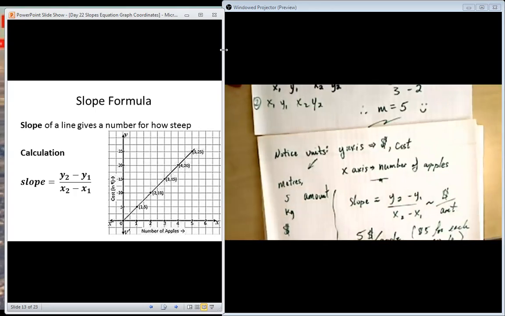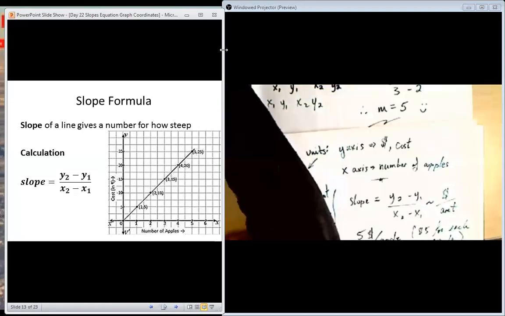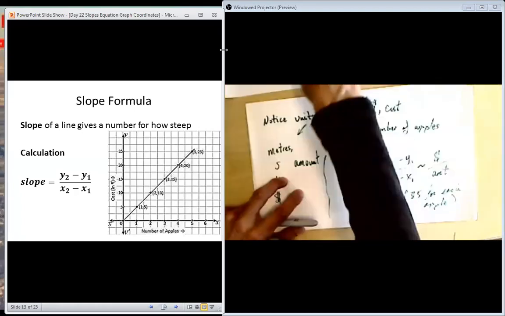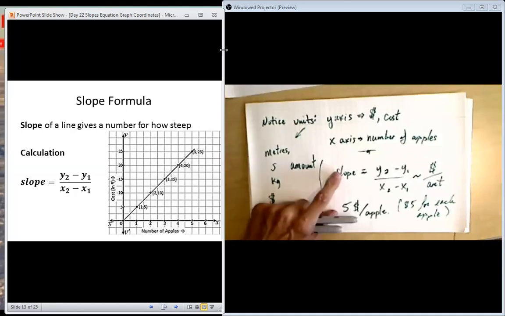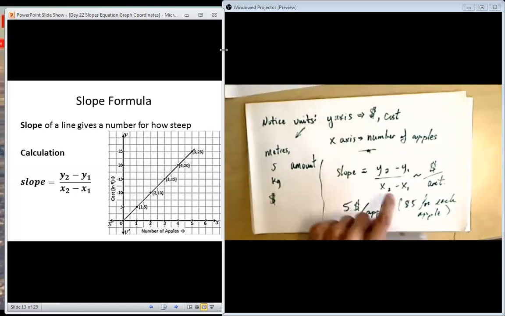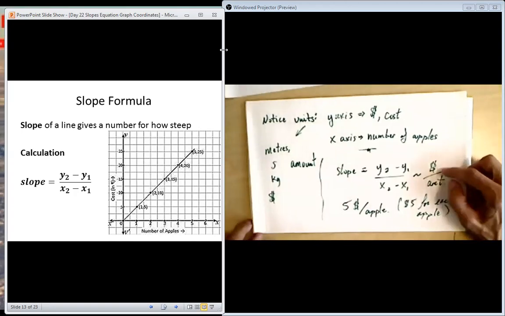Oh, off the screen there. Well, that's no good. Let's do it like this. I pointed out that the slope is Y over the X. The units are dollars for the Y. The X-axis is the amount.